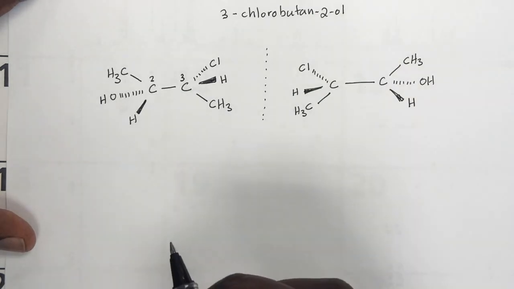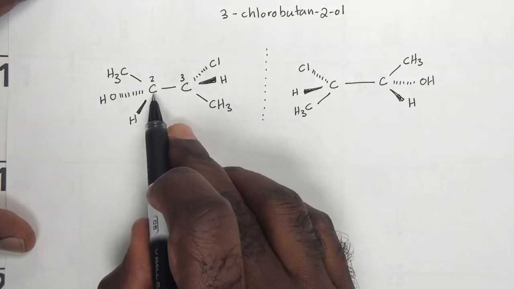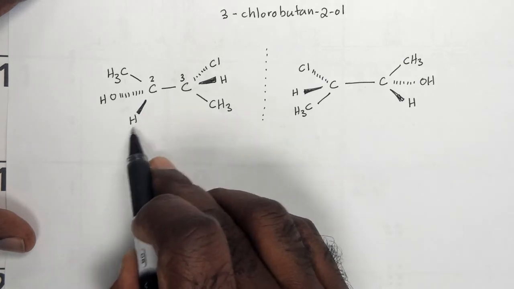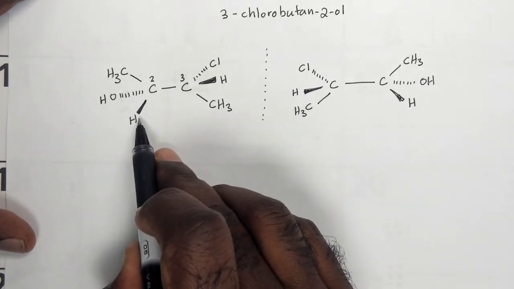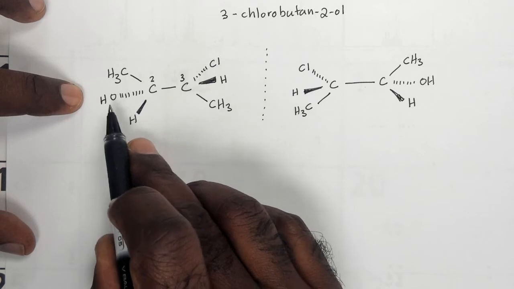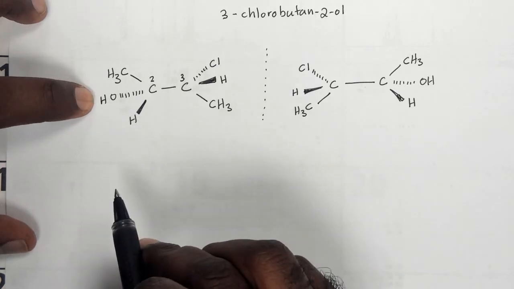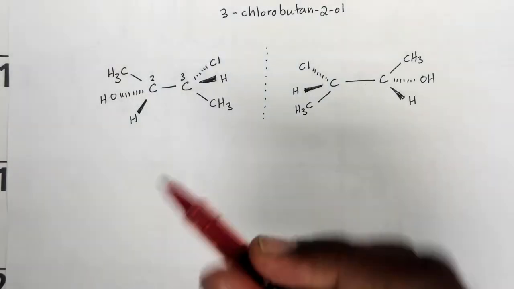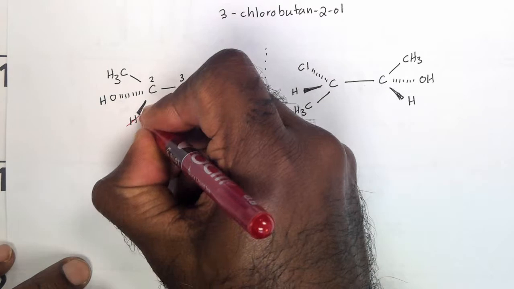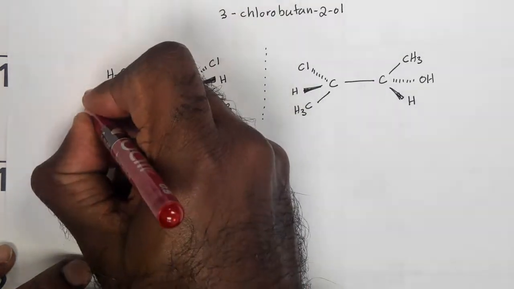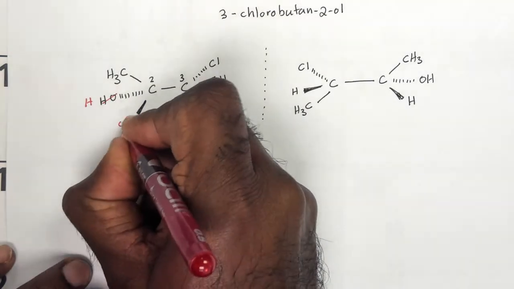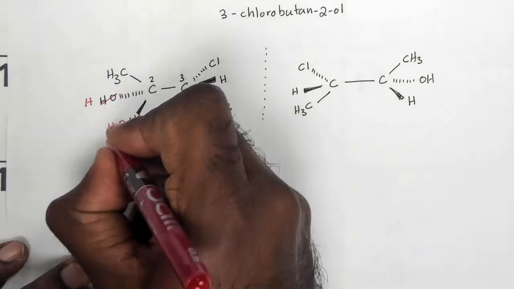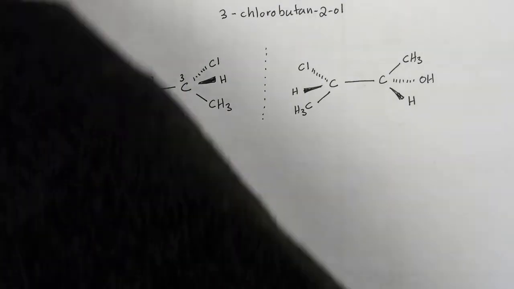So I'm going to start by looking at carbon number 2, and I have my lowest priority group pointing toward me, but that hydrogen actually needs to be pointing away from me. So what I have to do then is put the hydrogen away from me and the hydroxy group toward me, and remember that I've switched that around.